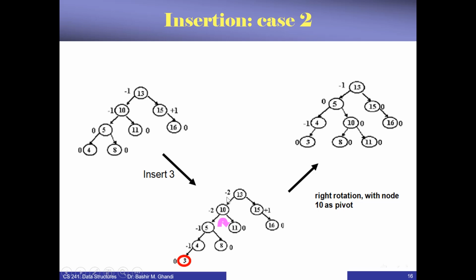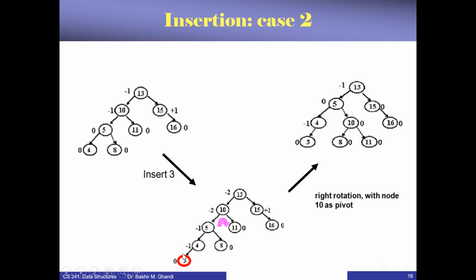Now, after you found the node that is unbalanced, the next question to ask is, what type of unbalance is this? The way to know is to move from the unbalanced node towards the new node and count twice. See how we are going. Are we going to the left or to the right?